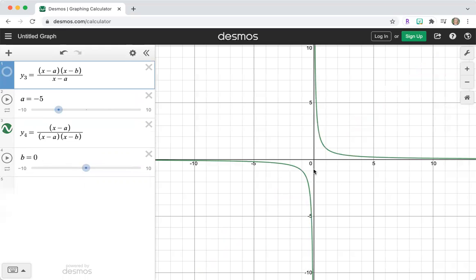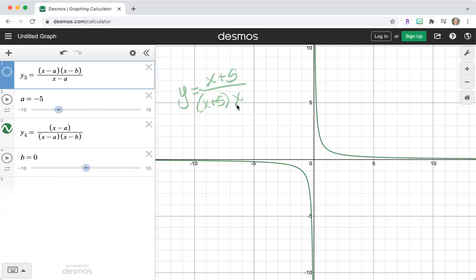And yes, this is what I want you to see. Right now I'm going to plug in, we have the equation y equals x plus 5 divided by x plus 5 times x. Our b is just 0.